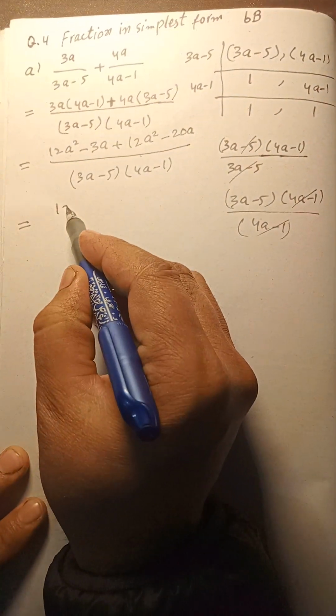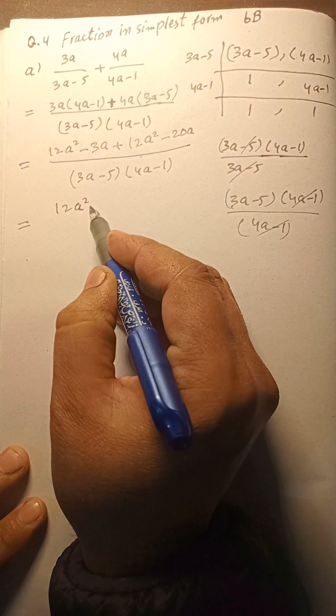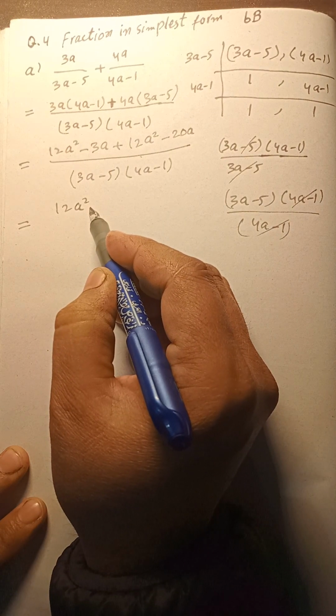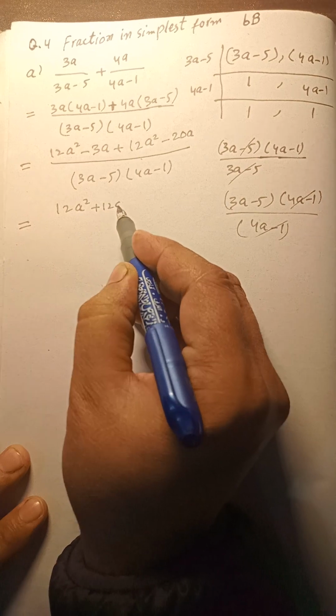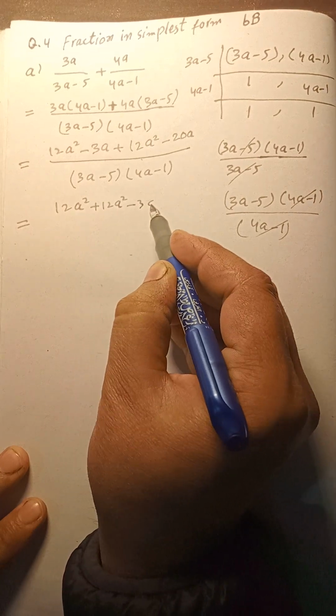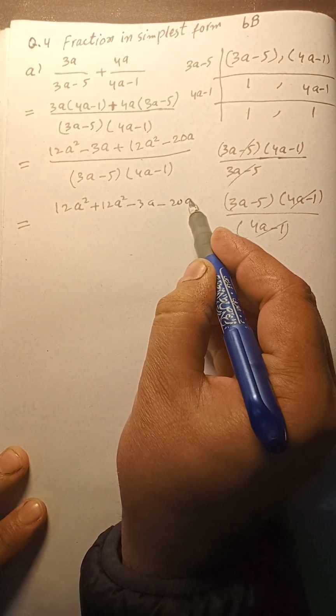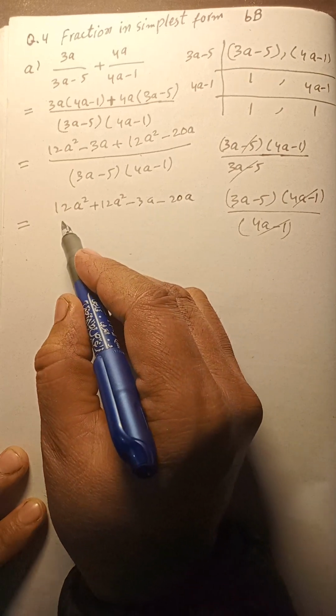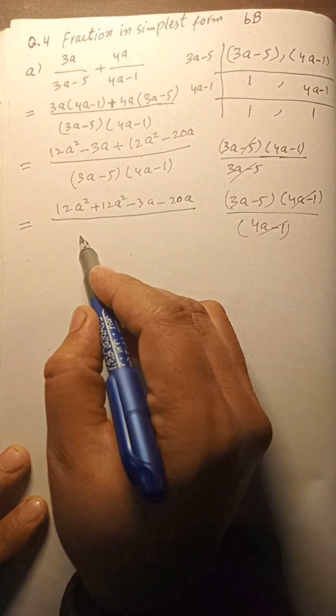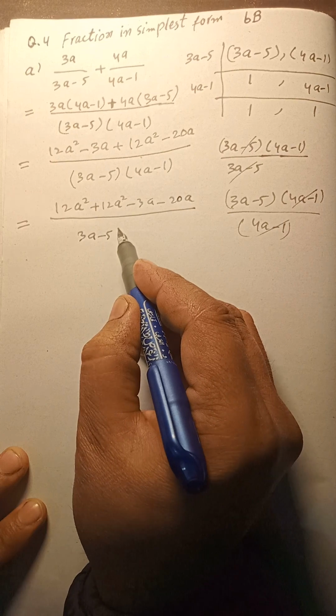Now bring the same terms together: 12a square plus 12a square minus 3a and minus 20a. Same type of terms are written together, and in the denominator I have written the same.